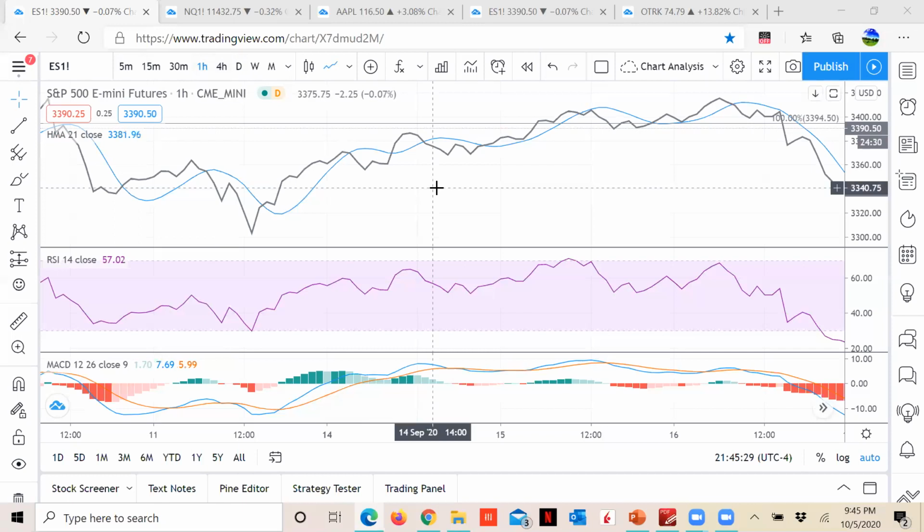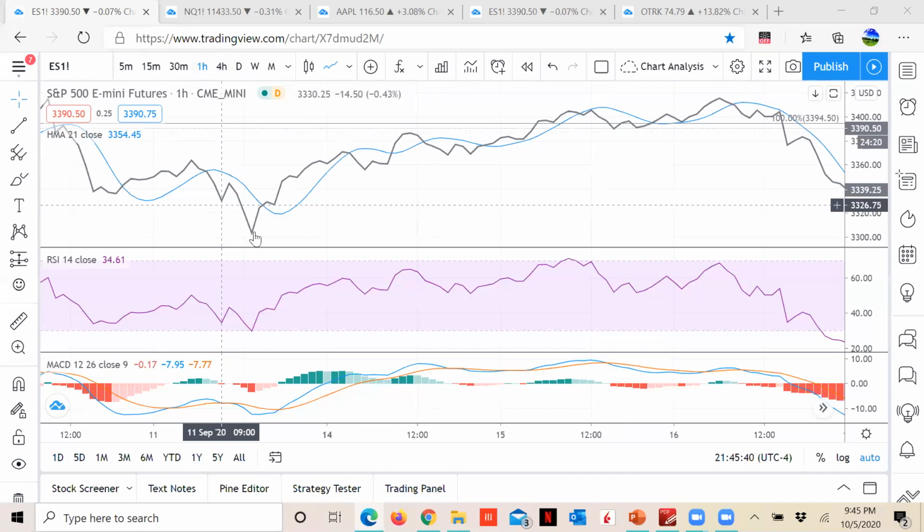So any questions so far on the inverse head and shoulder, the one that we just looked at?